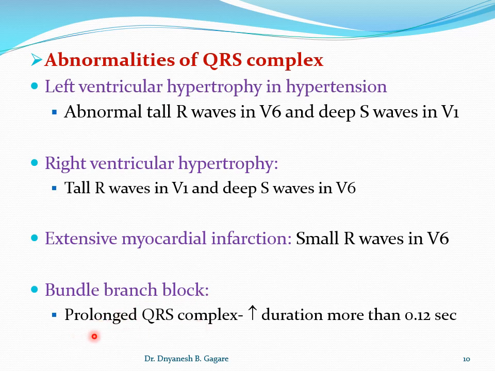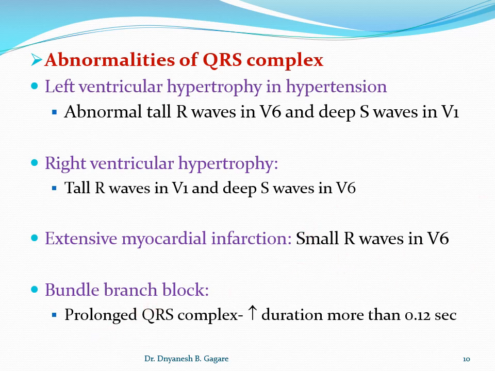There is a prolonged QRS complex. That means the duration increases beyond the normal 0.12 second. If this duration is increased, then you can say there is a bundle branch block.